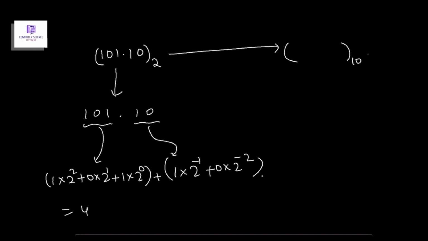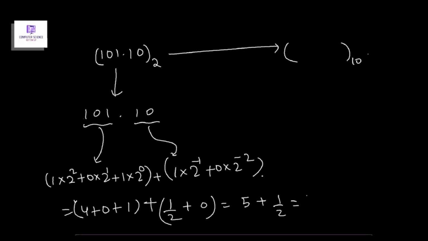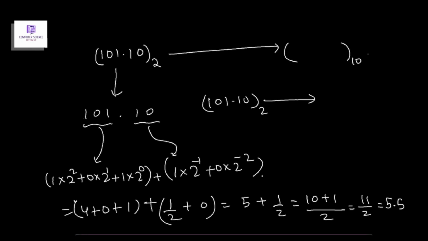So this is equal to 4 plus 0 plus 1 plus 1 by 2 plus 0. This is nothing but 5 plus 1 by 2, which is 11 by 2, or 5.5. So 101.10 in binary is equivalent to 5.5 in decimal.